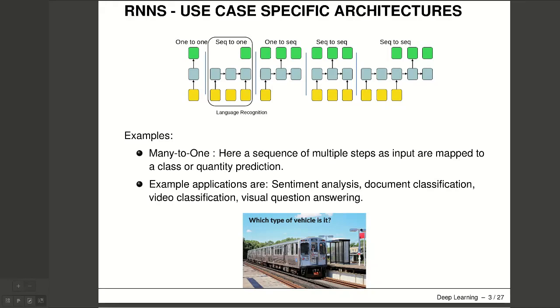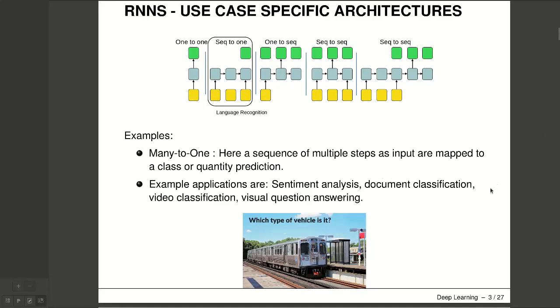For example, the task is simply classifying a tweet into positive or negative sentiment. Here, the input, which is the tweet, can have various lengths, and the recurrent neural network takes this as a vector, and then we always have one output which is positive or negative.